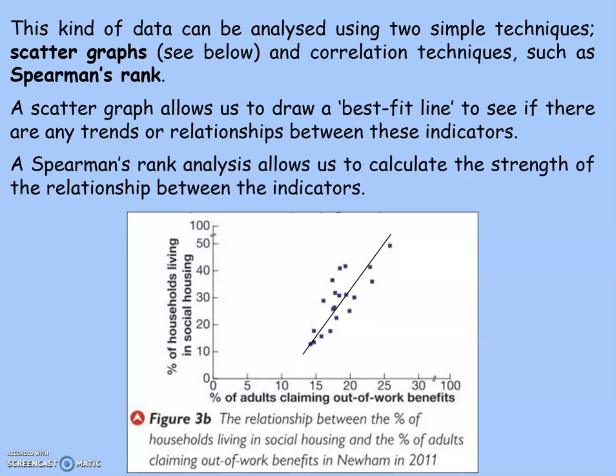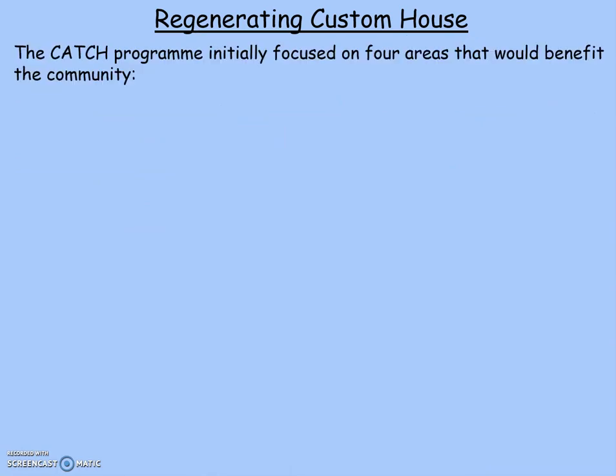But you can also use a Spearman's rank analysis that allows you to calculate the strength of the relationship between the indicators. So you can basically see how close the dots are to the best fit line. We will do that in a lesson when we're back in school, because it's good to do a practical task on that. So let's go back to Custom House.